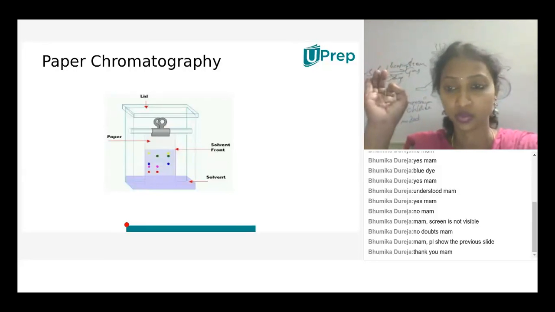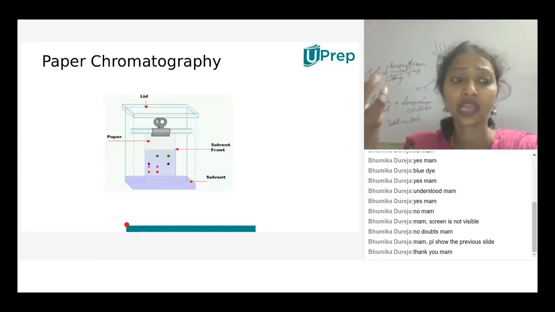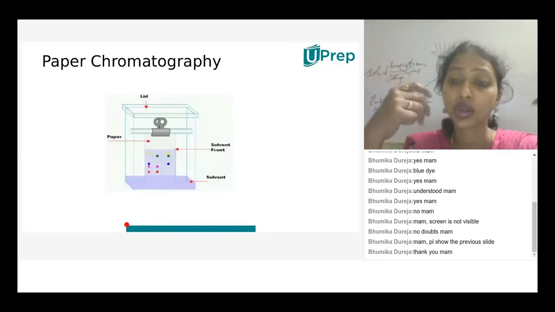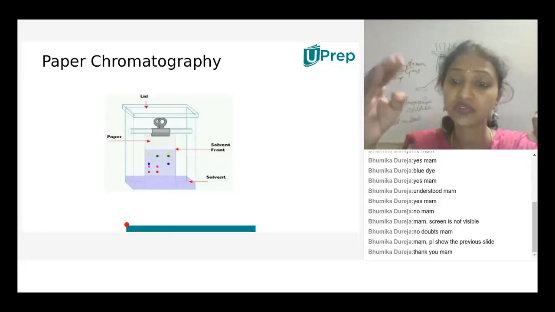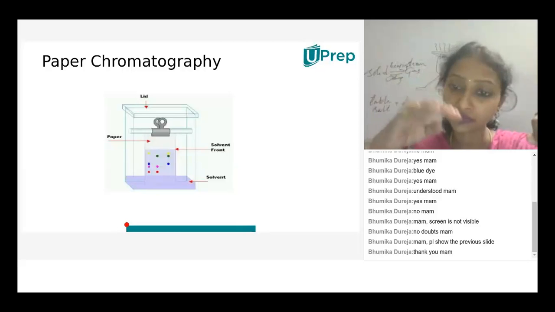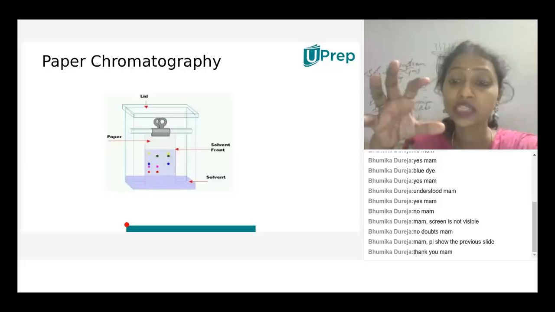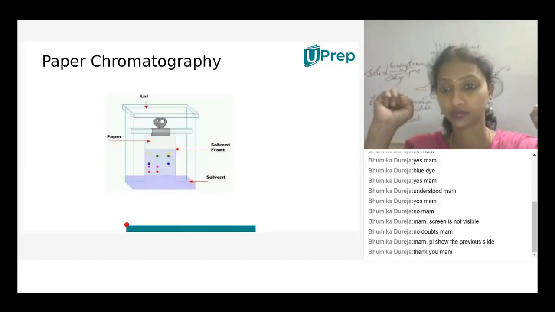The chromatographic paper has the ability to absorb the water, and when it absorbs the water, the black ink also moves, transferring from the first line toward the end line. Here the main principle is the ability to hold.